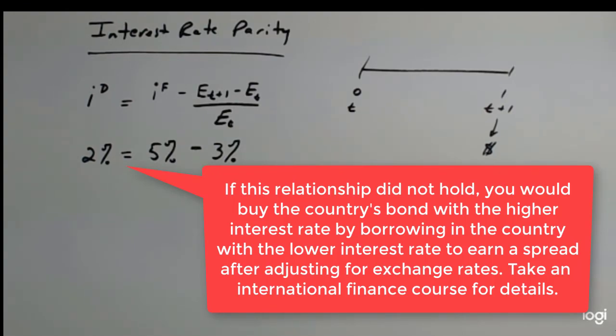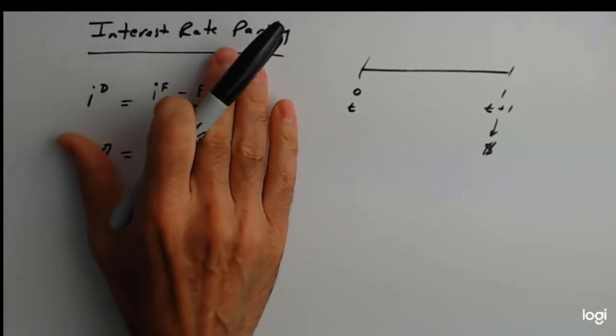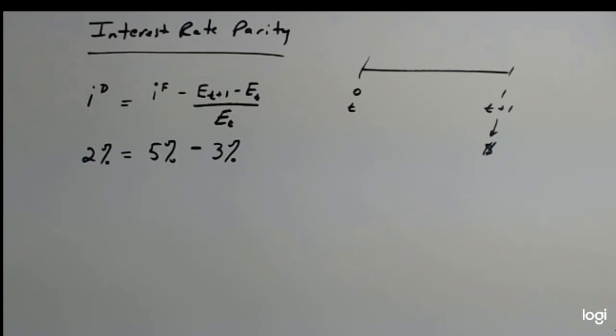So this is another very powerful parity condition for exchange rates. And economists view this as another long-run condition, another long-run relationship that's built within exchange rates. So when you look at exchange rates over time, that interest rate parity drives exchange rates over the long run.